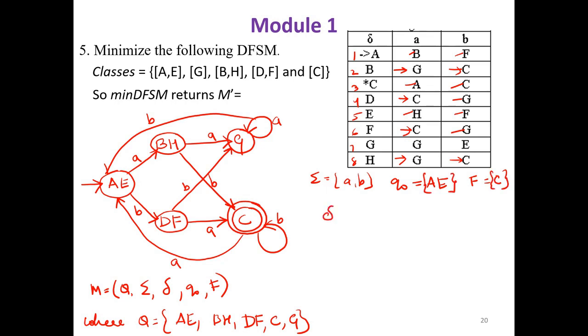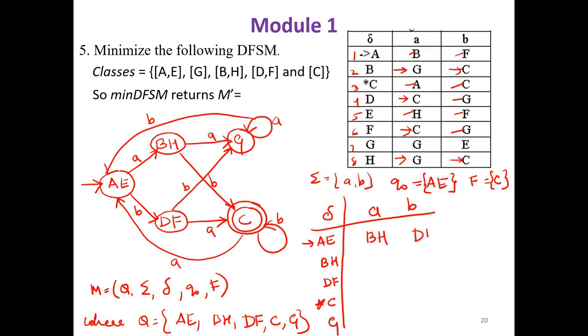So either you can write the delta transition table or delta transitions. The minimized DFSM delta table consists of A, B. States are AE, BH, DF, C and G. AE is the initial state, C is the final state. For AE, on A it is going to BH, on B it is going to DF.